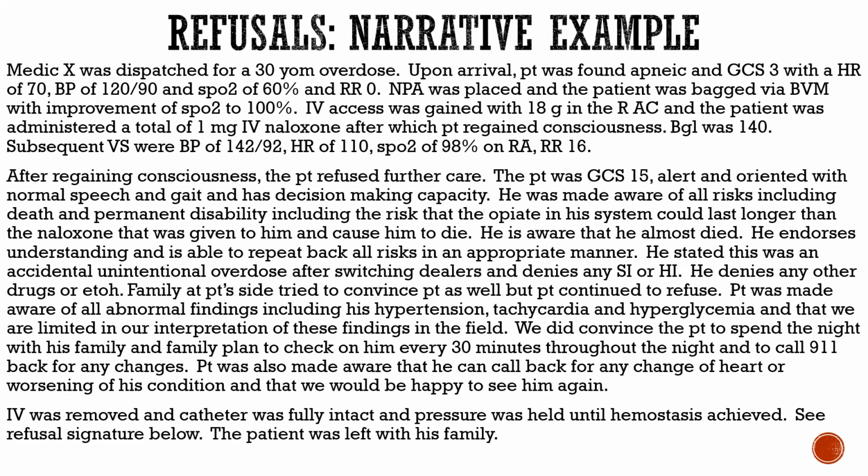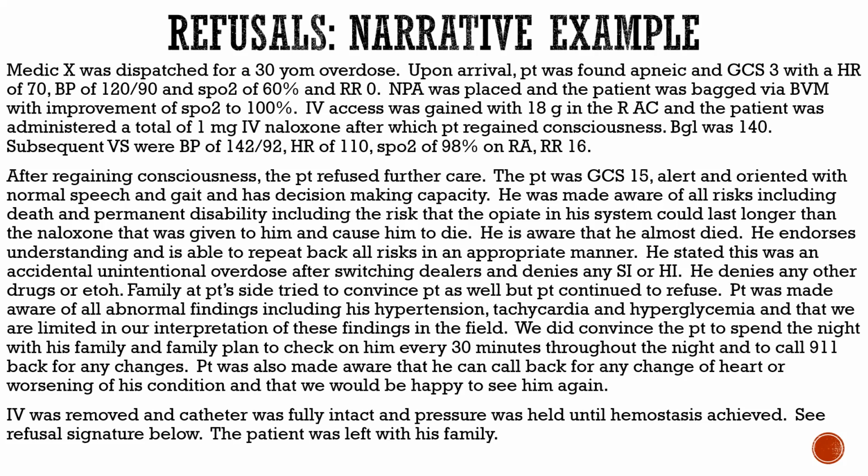NPA was placed and the patient was bagged via BVM with improvement of SpO2 to 100%. IV access was gained with an 18 gauge in the right AC, and the patient was administered a total of 1 milligram naloxone, after which patient regained consciousness. Glucose was 140. Subsequent vital signs were BP 142/92, heart rate 110, SpO2 98% on room air, respiration 16.